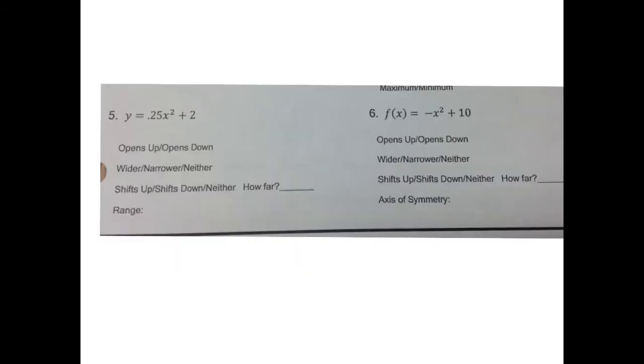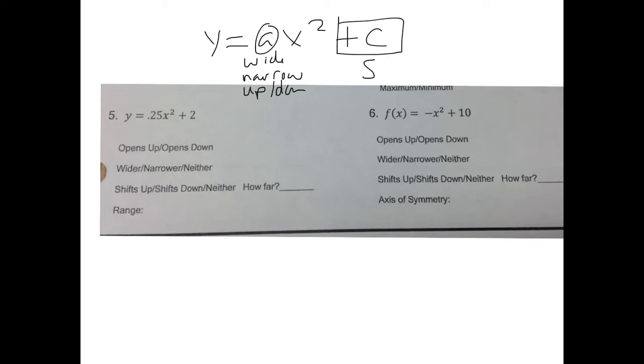Alright, so when we're looking at y equals ax squared plus c, a makes it wide or narrow and makes it open up or down, and c does all of your shifts up or down. So when we look at problem 5 and concentrate on the a, it is 0.25.